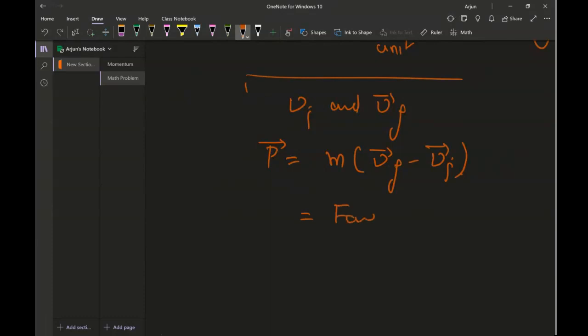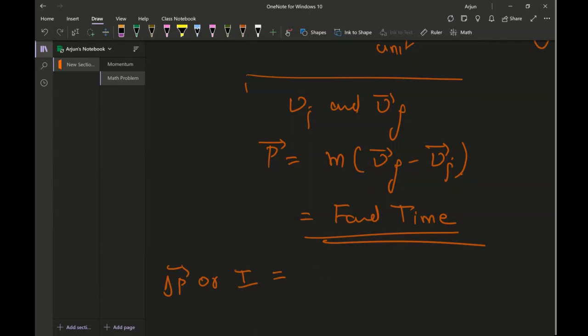If you are given force and time, then you will use the formula impulse or change in momentum is equal to, depending upon the question, force average times delta t, or 1/2 times force peak times delta t.